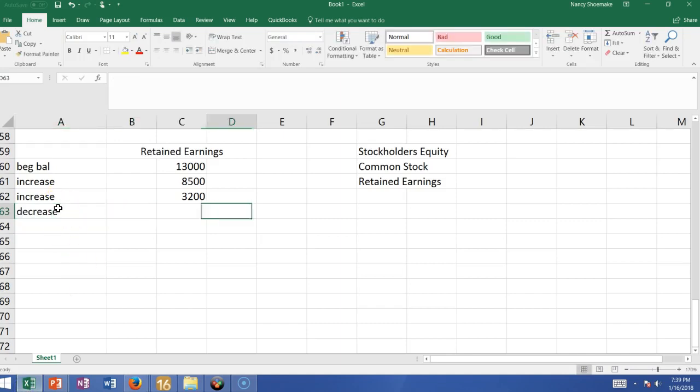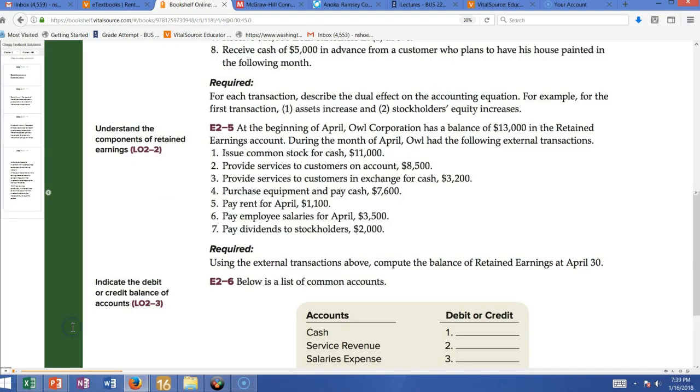Because we're using up retained earnings to pay a cost. Next. Pay employee salaries for April, $3,500.